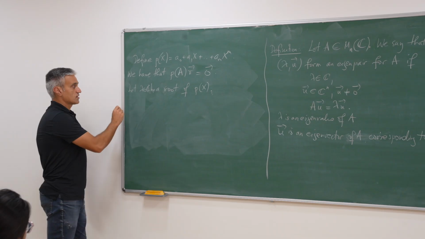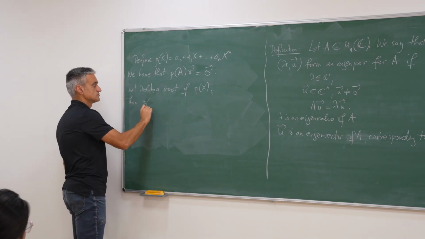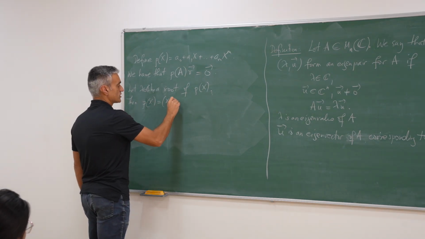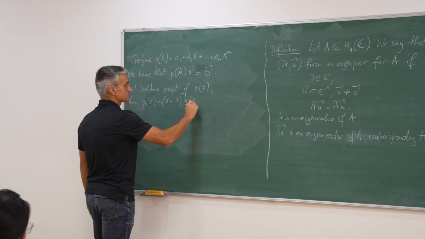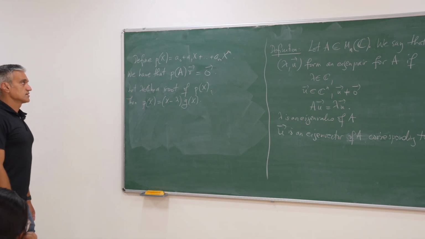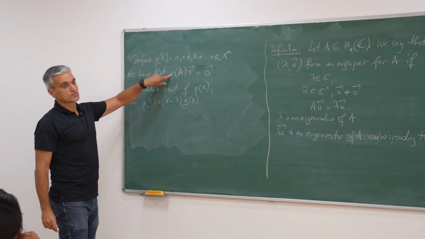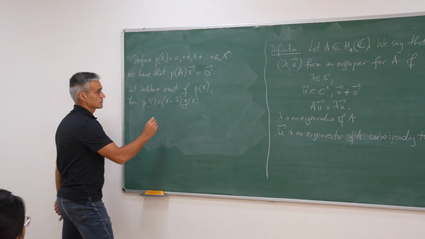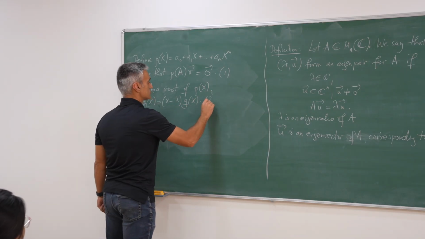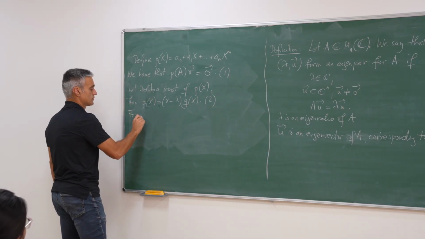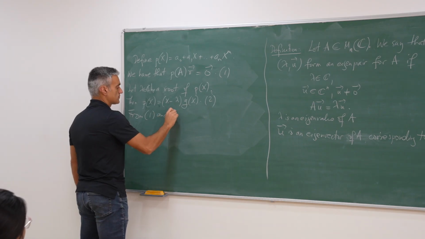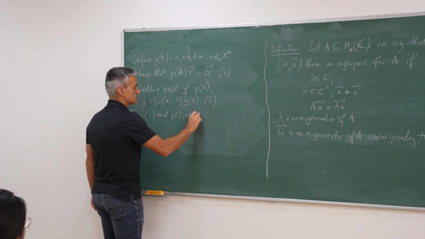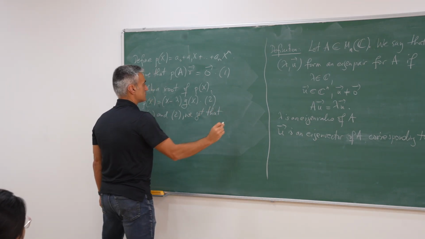So then what we have, p of x is x minus lambda times g of x. And then you go from here, and you write what it means. So you can say this is 1, this is 2. What do you get?